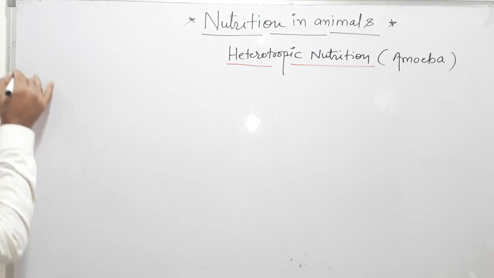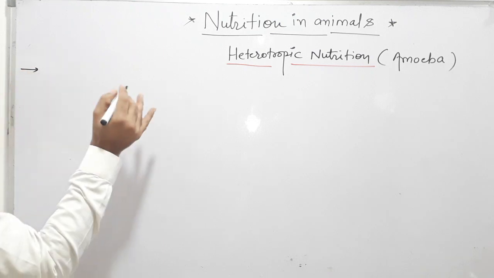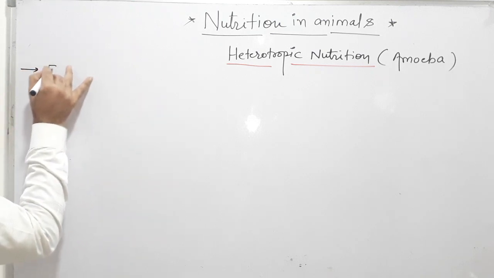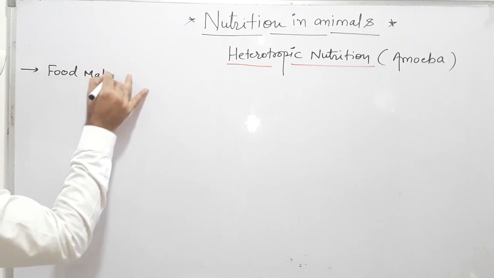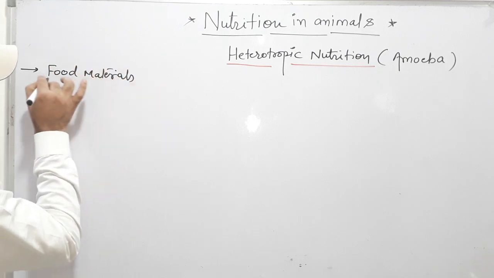Clear? So first you write the nutrient part or food material for amoeba.